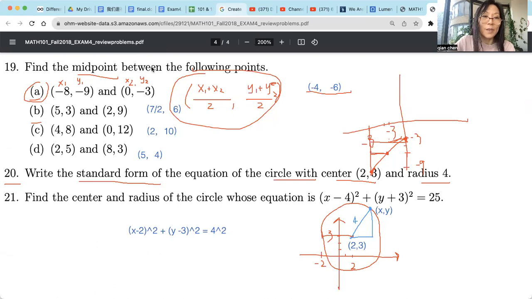Do you see the relationship of the Pythagorean theorem? Here, what's the value of this point? That would be x for the x value, and the y value is 3, right? We don't really need this point, but we need 4 squared to equal the base squared plus the height squared.